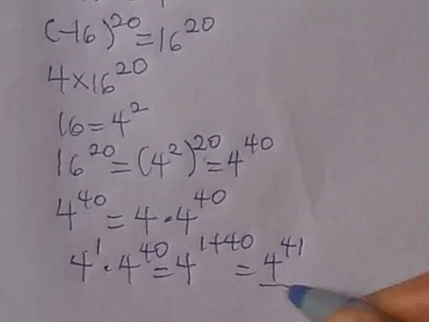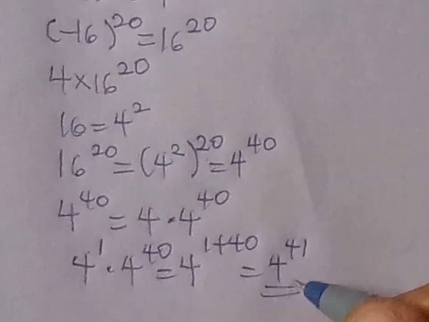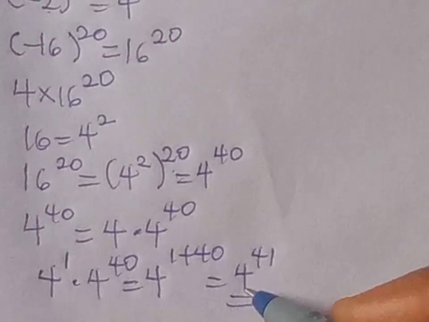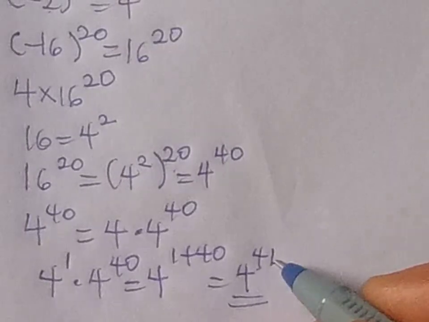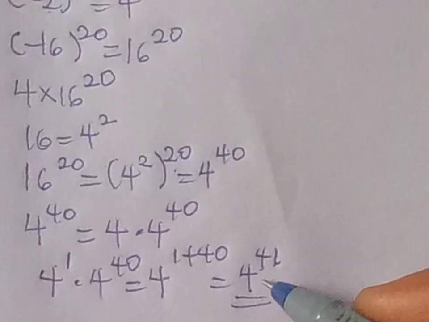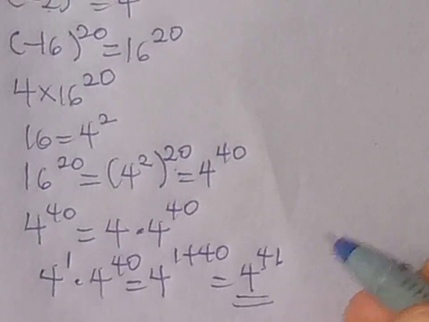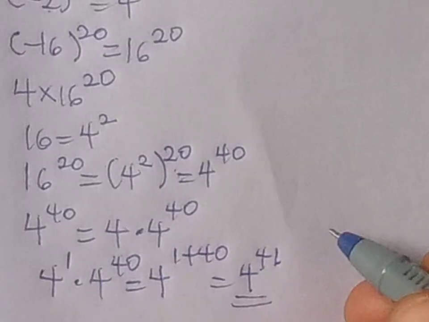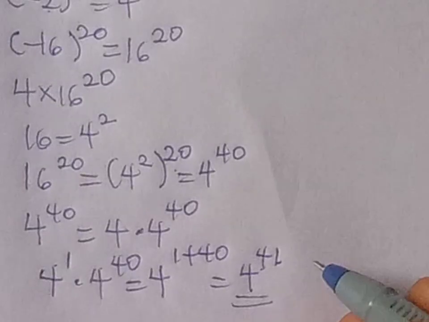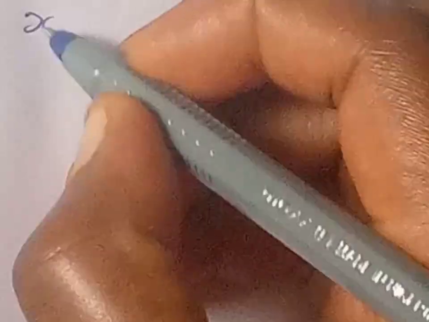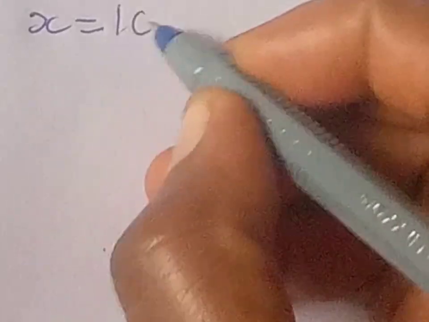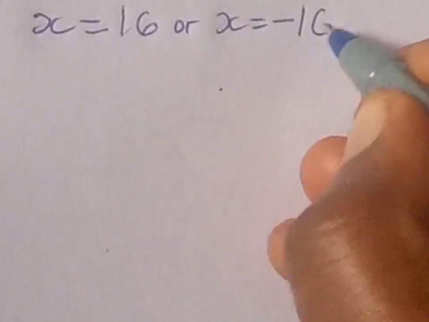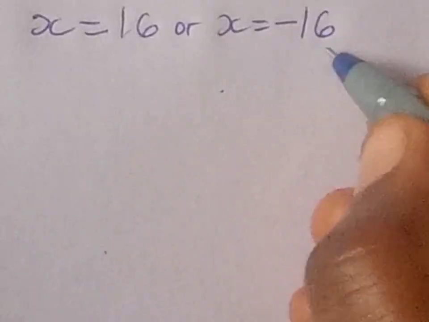This is the solution that we got for our left hand side. Can you see now that we got 4 raised to the power of 41 as our answer when we calculated the left side, which was what was given to us in our equation. That means our x equals 16 or x equals minus 16. Both of them are the same thing.